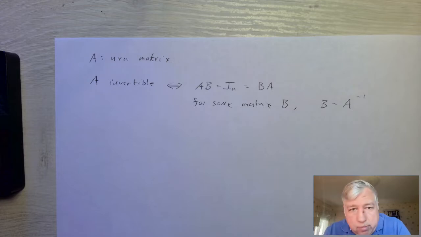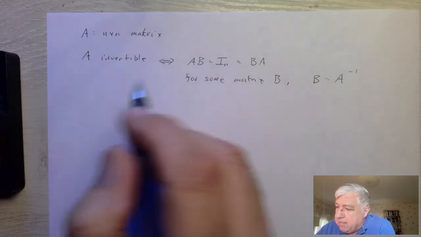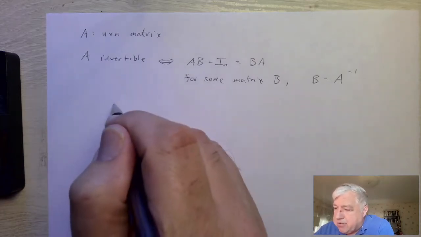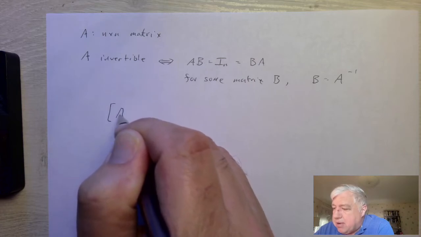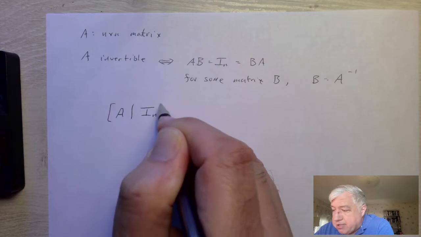And we sketched out the process of finding an inverse, if an inverse exists. Basically, it was this process where we put our matrix A and the identity matrix right next to each other.